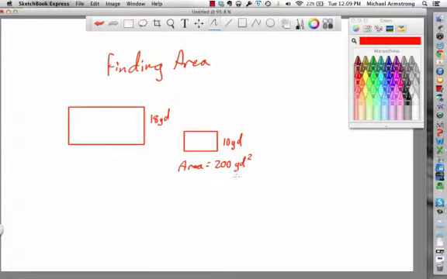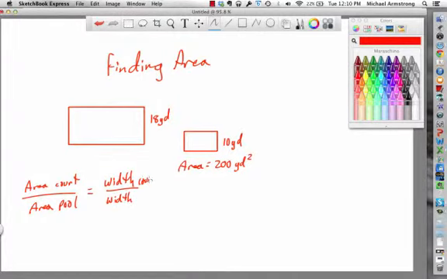Okay, so we're going to use the idea that we've been flirting around with: the area of the court over the area of the pool is going to be equal to the width of the court, this 10, over the width of the pool.